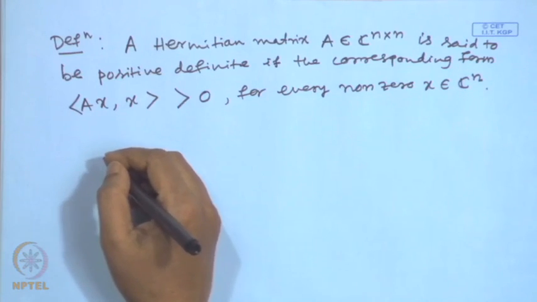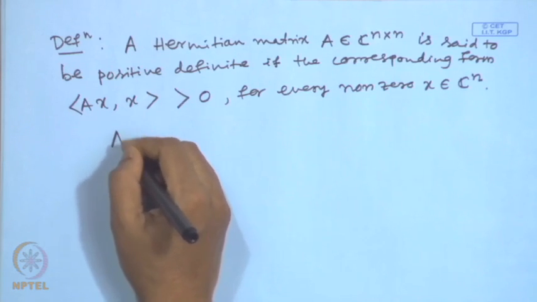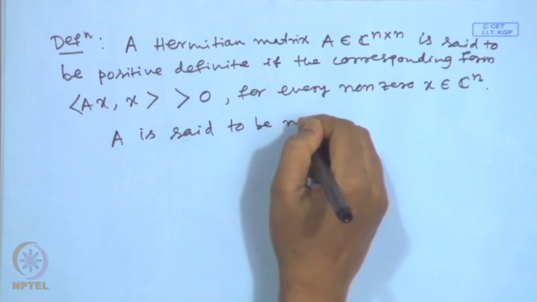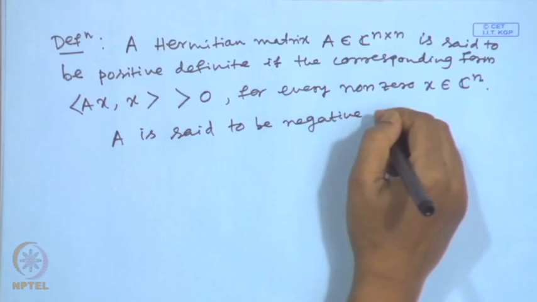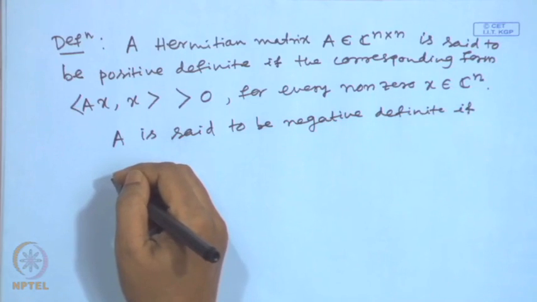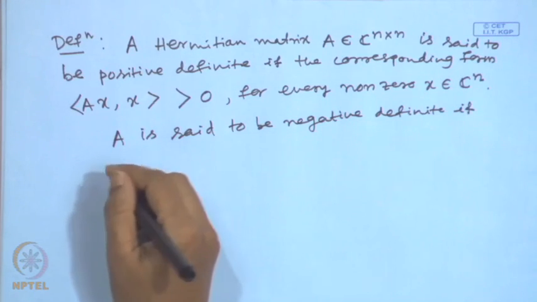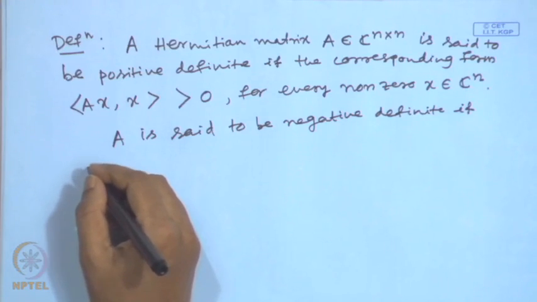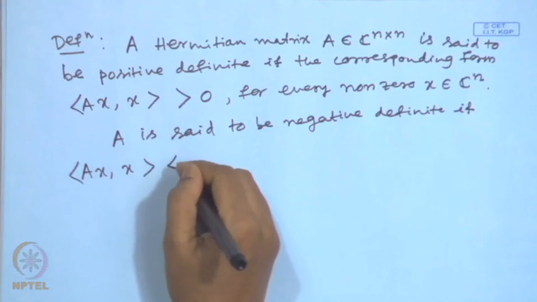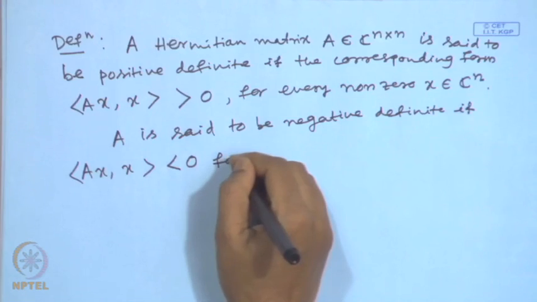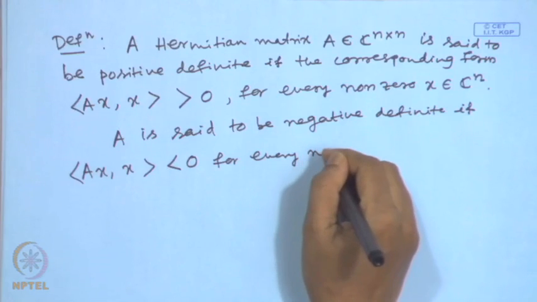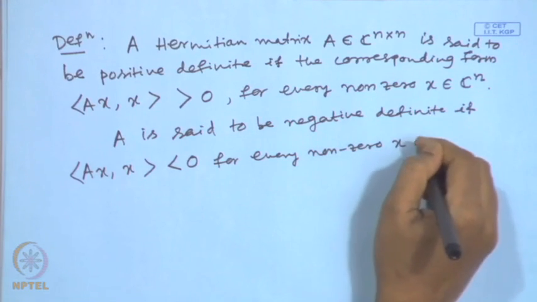and A is said to be negative definite if the corresponding form Ax, x is strictly less than 0 for every non-zero x in C n.